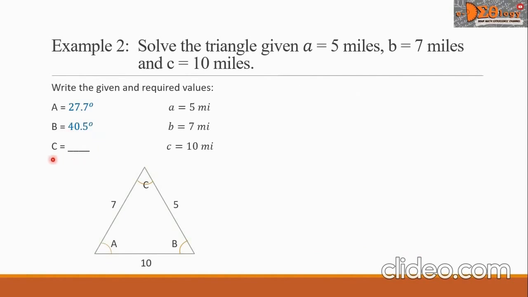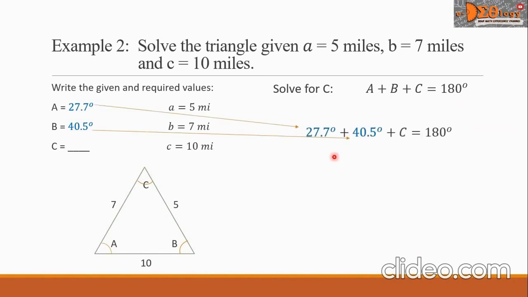Let us now solve for angle C. We can now use the formula for the sum of the angles equals 180 degrees, since there are two available angles here now. We may use the law of cosines, but for simple computation, it's better to use this formula.